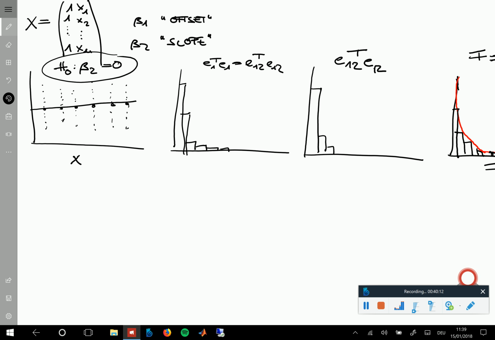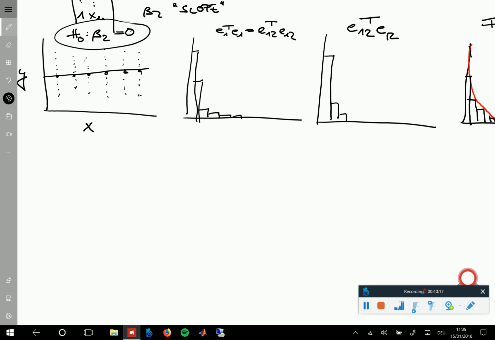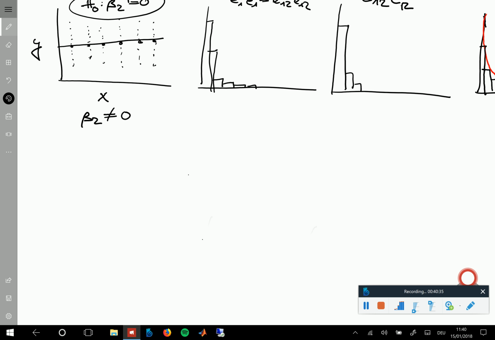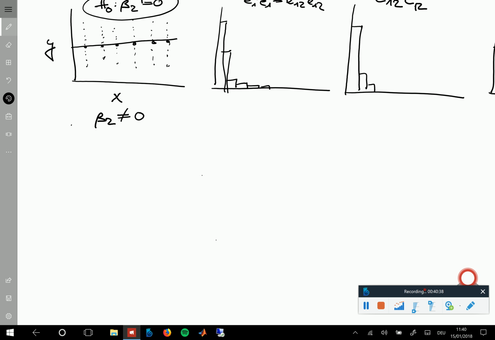The more interesting thing is actually if the null hypothesis does not hold. So if H0 is false, so let's just write beta 2 is not 0, and let's say beta 2 is actually positive, then of course you get the standard thing you expect for a simple linear regression, namely a slope in x and y.